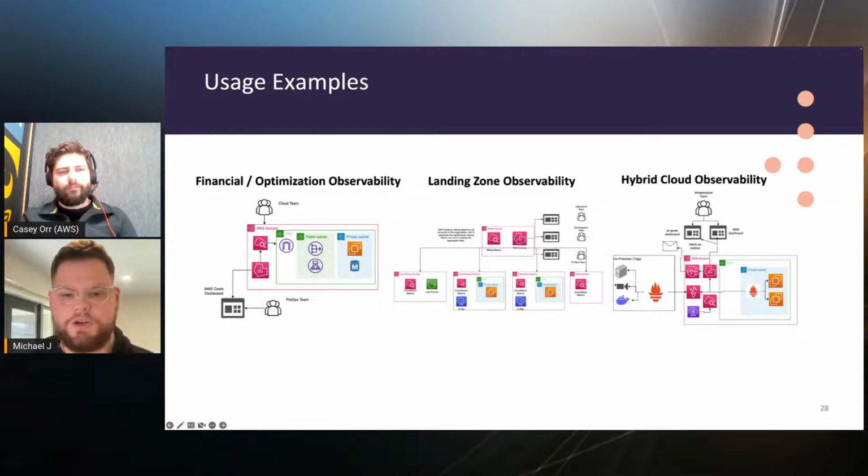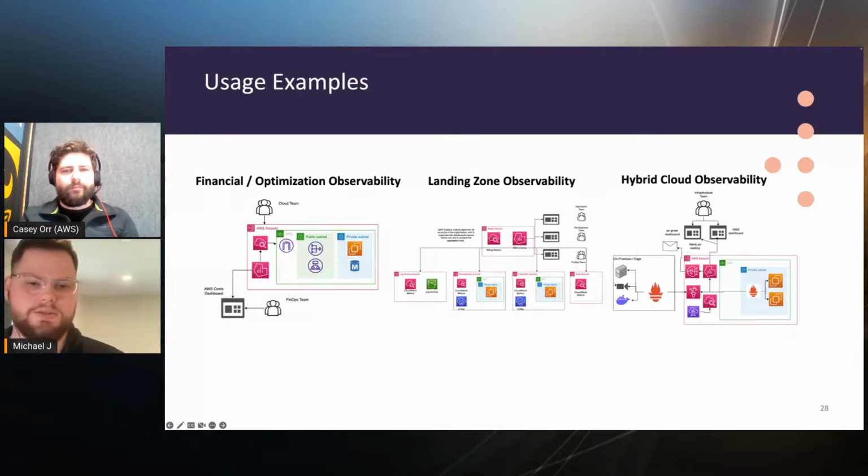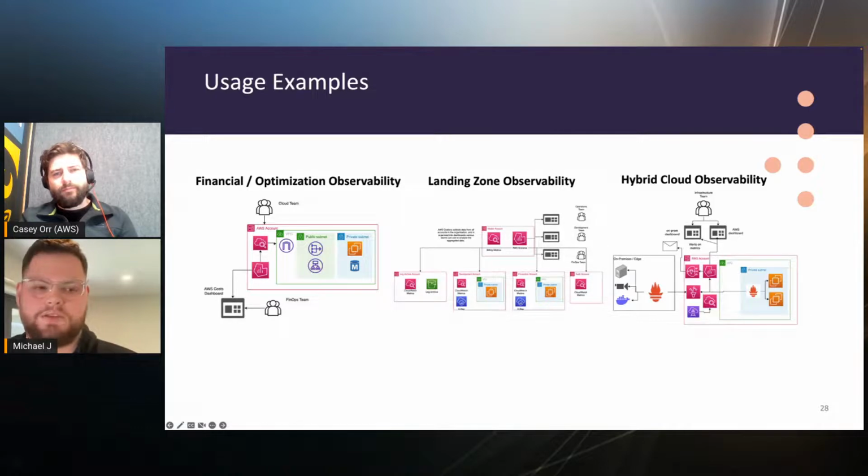Something cool to note about that is that it is also credentialless. That means you don't need to use any credentials to access Prometheus. It's all done through IAM roles and IAM policies, so it makes it really easy to set up and use. And you can see that they can use AWS managed Grafana to get that single pane of glass over their whole infrastructure from one place.